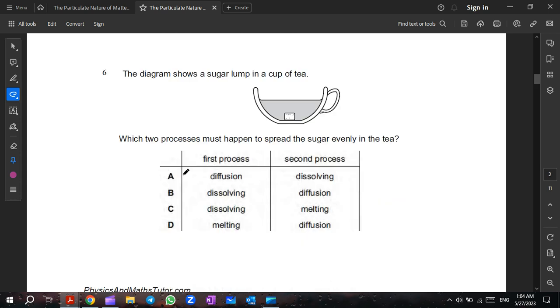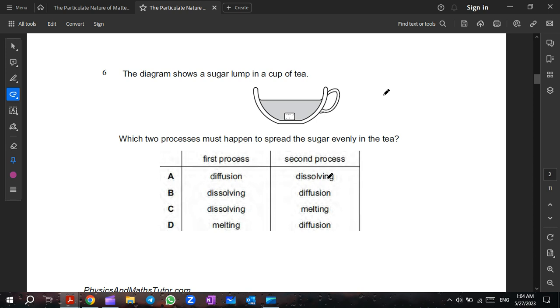Let's move on. Wait, sorry, let me take it properly. Question 6. The diagram shows a sugar lump in a cup of tea. Which two processes must happen to spread the sugar evenly in the tea? Okay, so the two processes that will be here will be dissolving and diffusion. Okay, so the first process, should it be dissolving or diffusion?